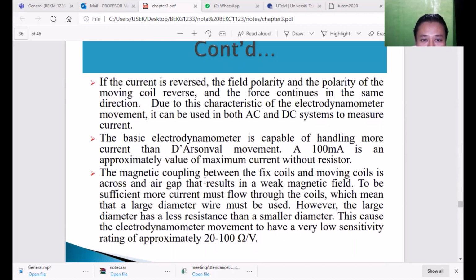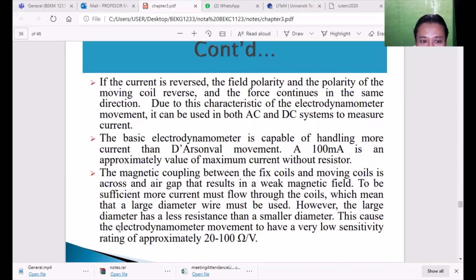The magnetic coupling between the fixed coil and the moving coil is across a gap, which results in weak magnetic fields. To be sufficient, more current must flow through the coil, which means a larger diameter wire must be used. However, the large diameter wire has less resistance than a smaller diameter wire.